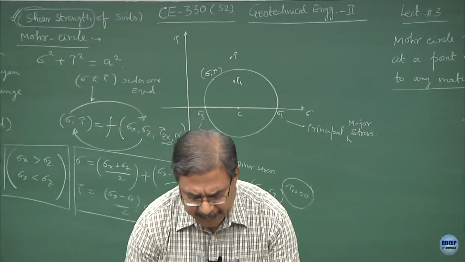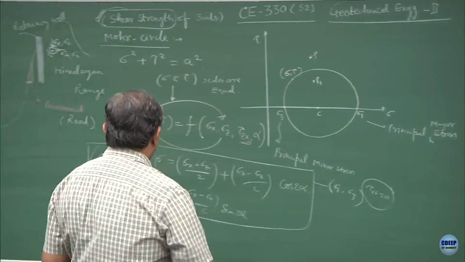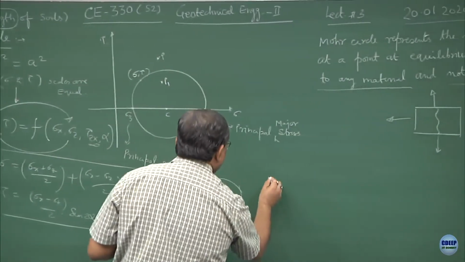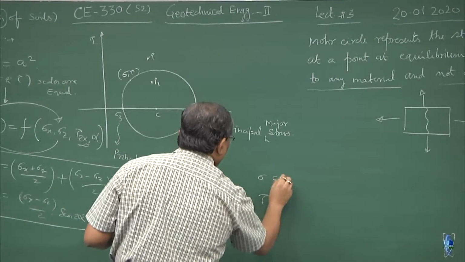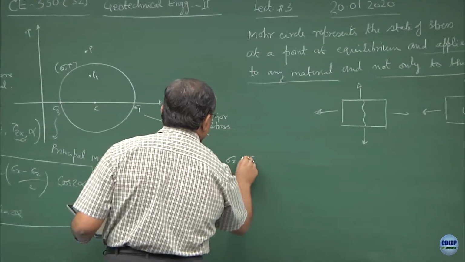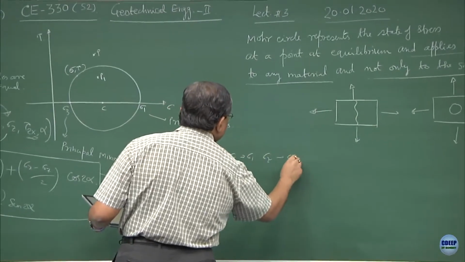Now, there is another characteristic. I can replace the whole thing and say that sigma and tau would become, just replace sigma x by sigma 1 and sigma z by sigma 3.